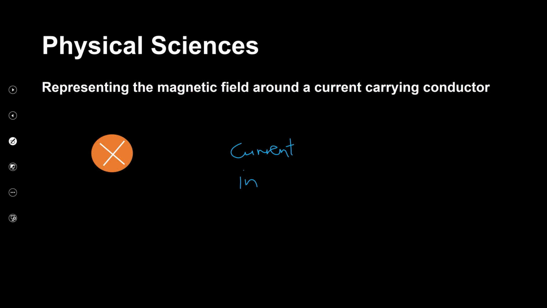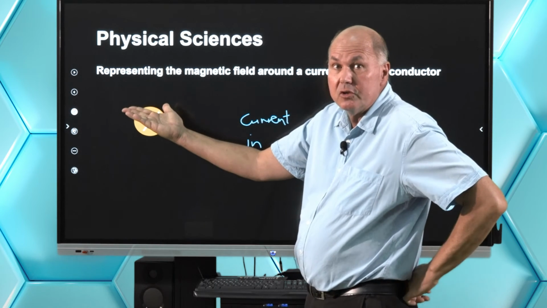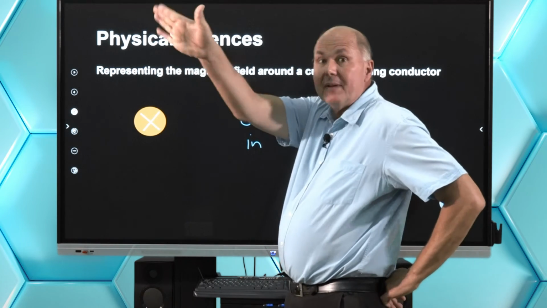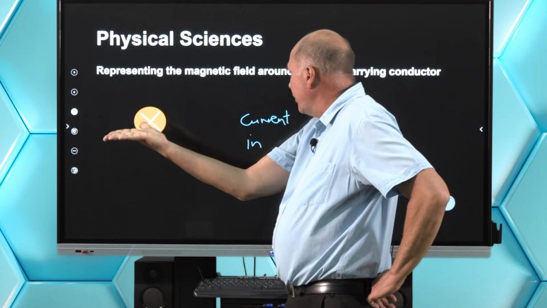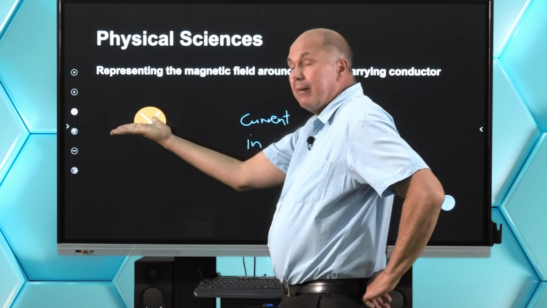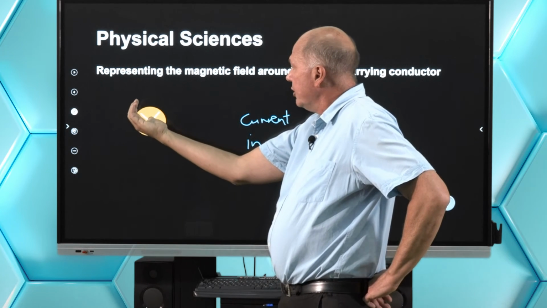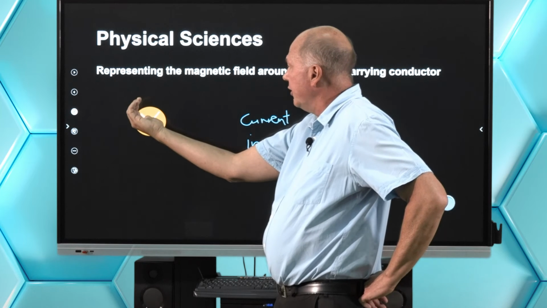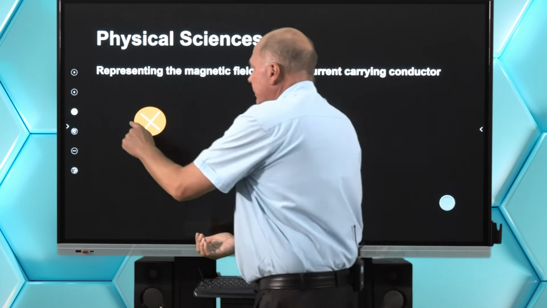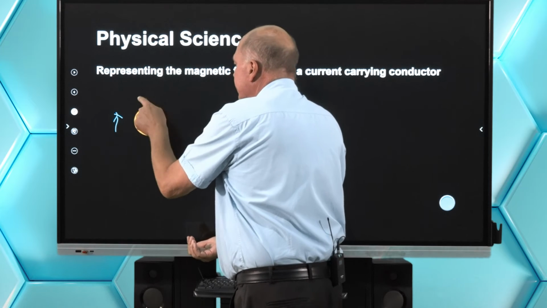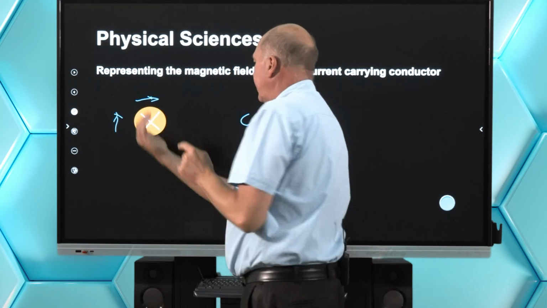So let's have a look here. If I take my right hand, be careful not to use your left hand. I'm going to use my thumb to show the direction, and I'm saying the thumb is going into the plane. In which direction is the curl of my fingers going? Well, I hope you can see that over here, the fingers are curling upwards, and over here, they're going sideways.